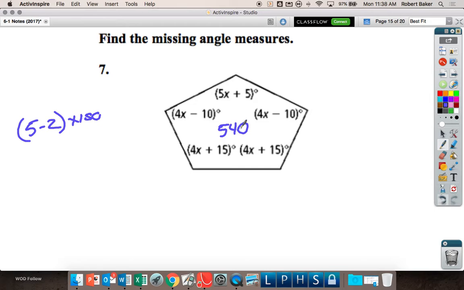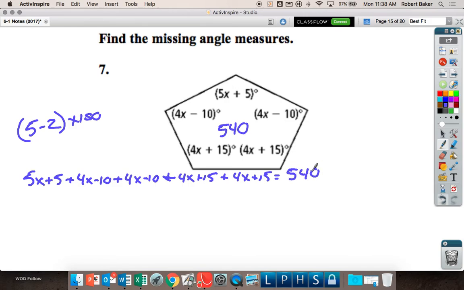Then you have to embark on your journey. 5x plus 5, 4x minus 10, 4x minus 10, 4x plus 15 and 4x plus 15 all have a summation of 540 degrees. Man, wait till I give you an octagon.